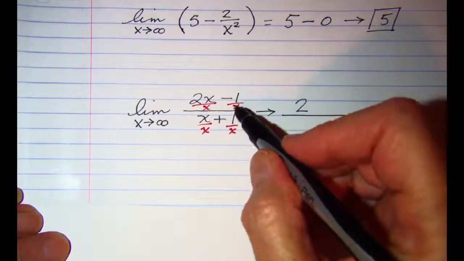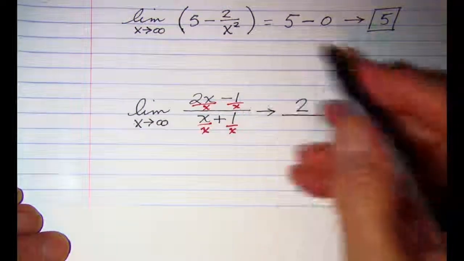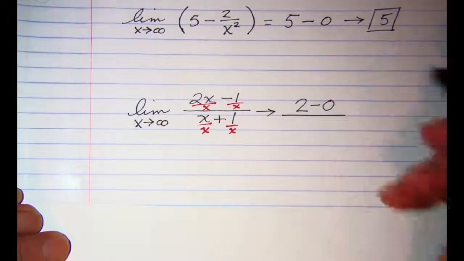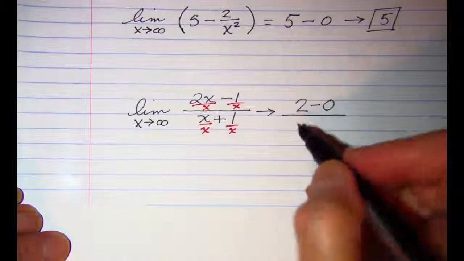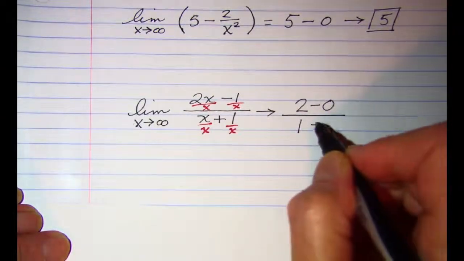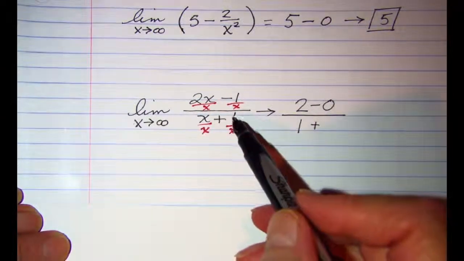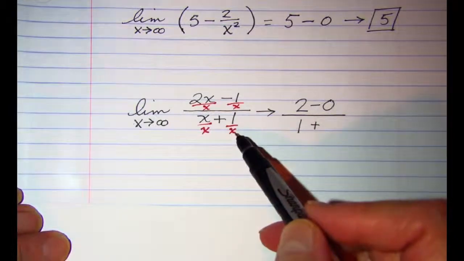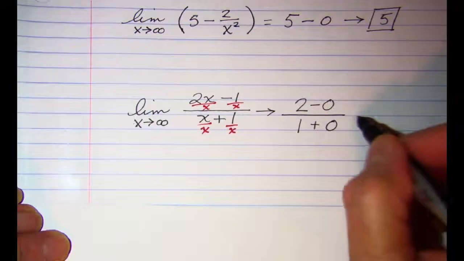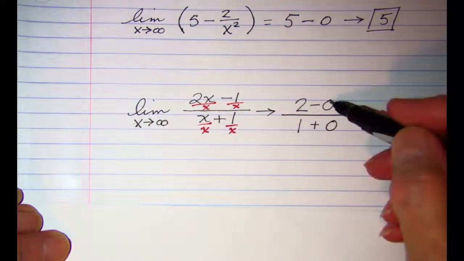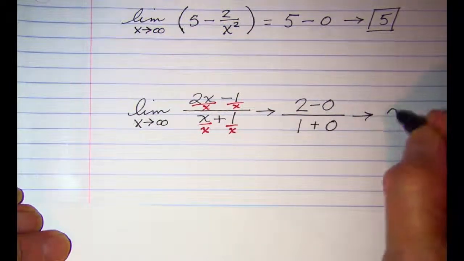As x approaches infinity, this term approaches 0. On this one, x over x is 1. And then on this one, 1 over x as x approaches infinity approaches 0. So this simplifies to 2 over 1, which is just 2.